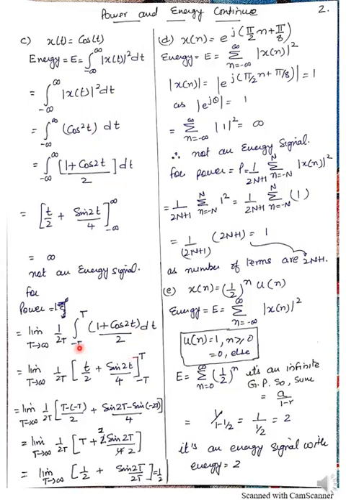So we have the difference of minus T to T in the limits, and the remaining things, if you can see, are the same. So it's 1 plus cos 2t, so it will be t by 2 plus sine 2t by 4 from minus infinity to infinity. When you put the upper limit, it will be t minus of minus t for the first part, and then it will be sine 2t minus sine of minus 2t divided by 4.